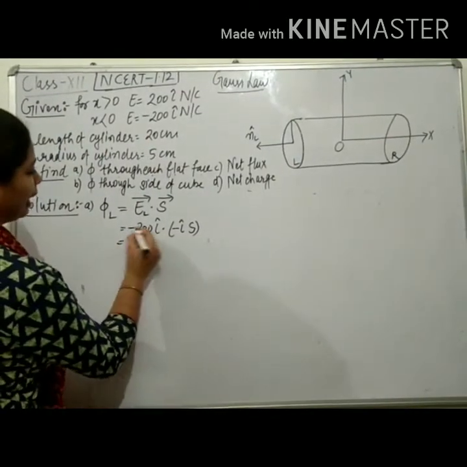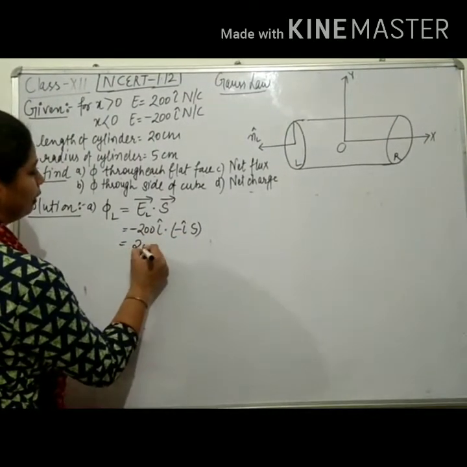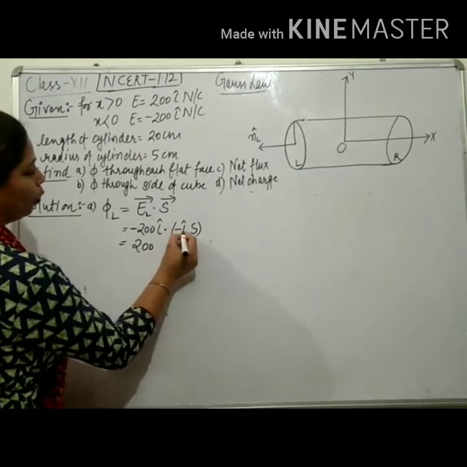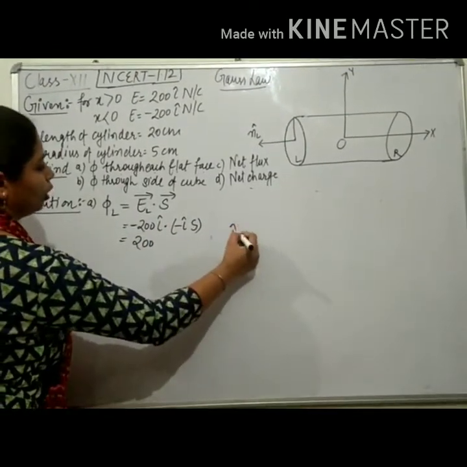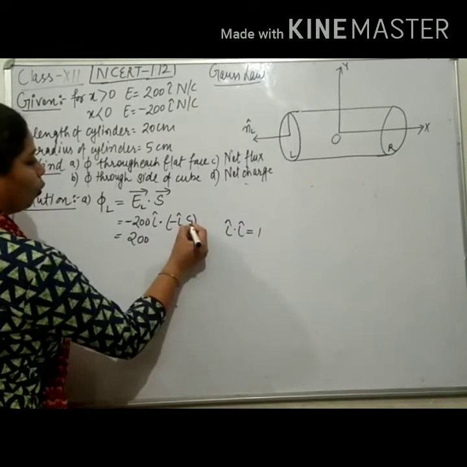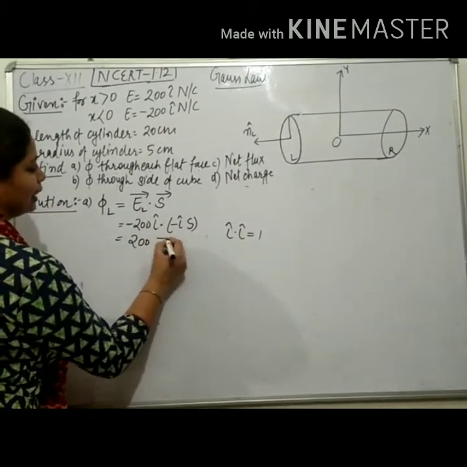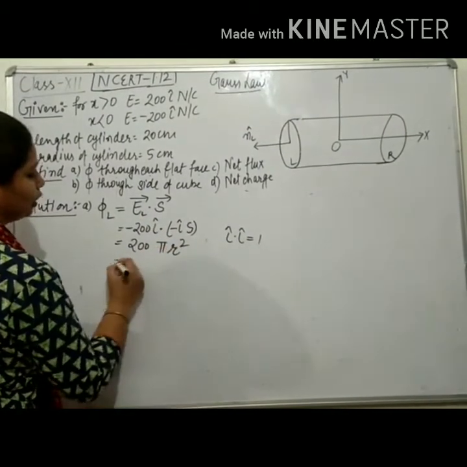It will be minus minus plus, 200, and I cap dot I cap is 1. Now, what is S? S is the surface area, whose value is pi r square.